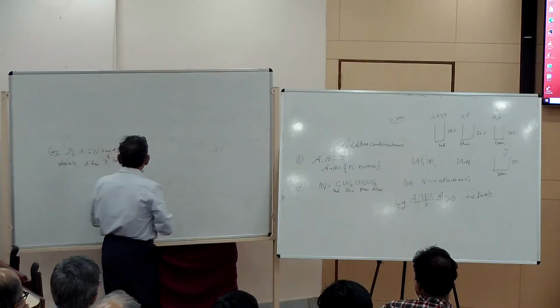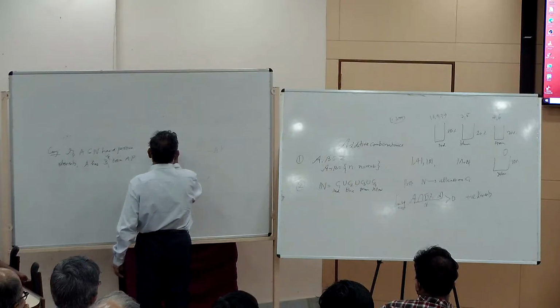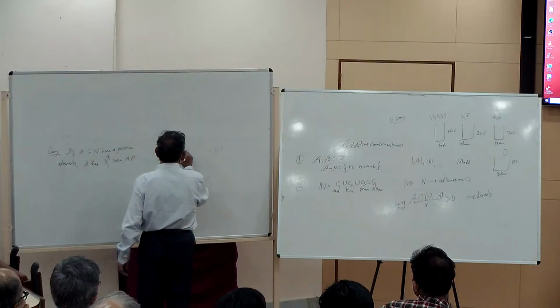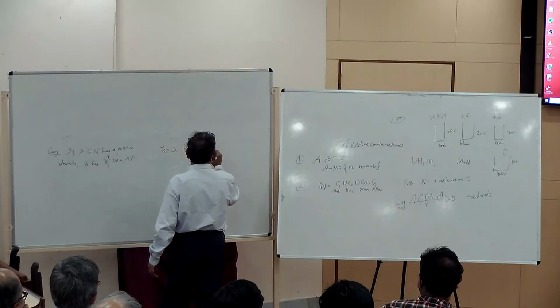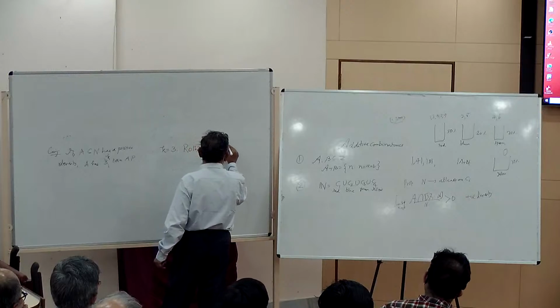this theorem was proved for k equal to 3 by K. F. Roth, of course, who got the Fields Medal for a different work of his somewhere in 1953.